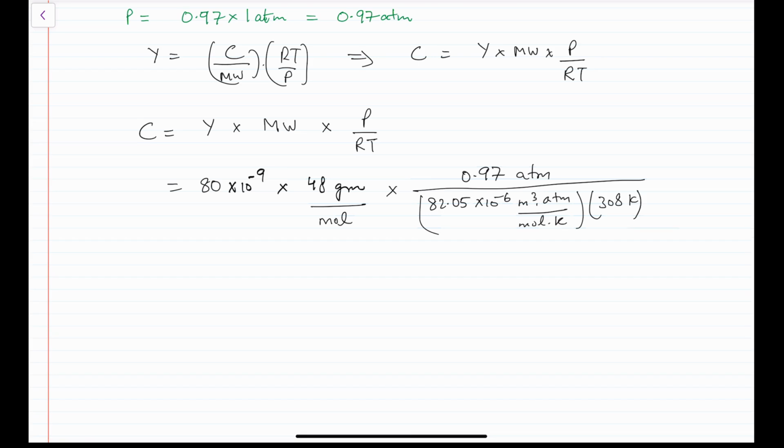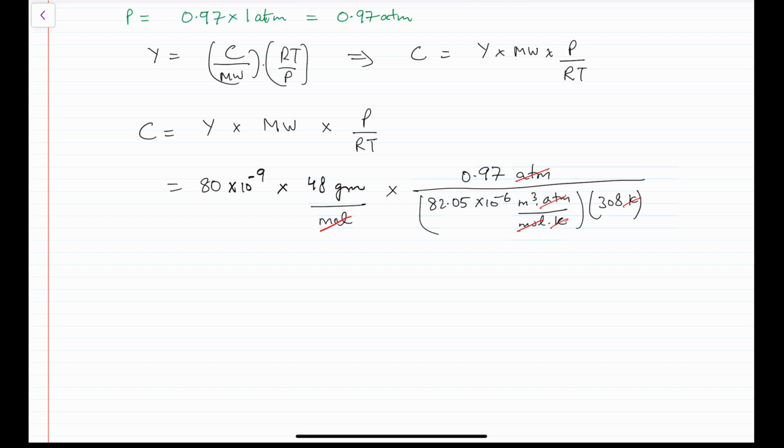Okay, now let's see what all is cancelling out. Atmospheres cancel with atmospheres, Kelvin with Kelvin, and this mole would cancel with mole. So we are left with gram per meter cubed, which is what we want.